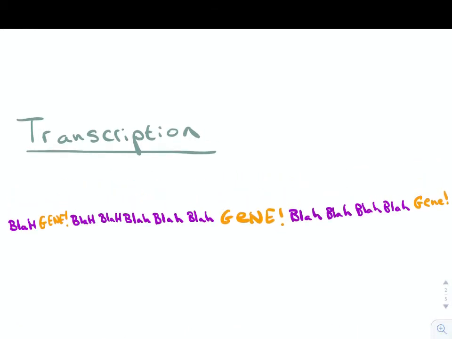First, it's important to recognize that in a DNA molecule, not every single base codes for something. In fact, most of the DNA is kind of extraneous information that we call introns.